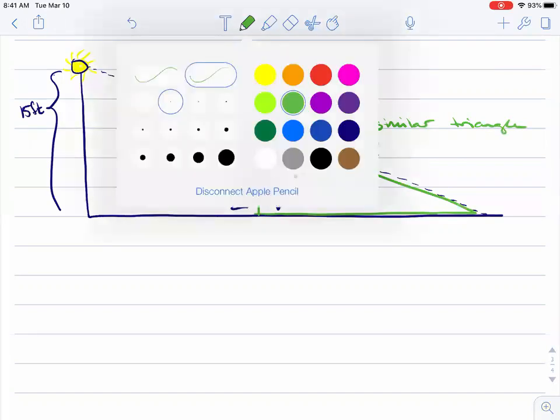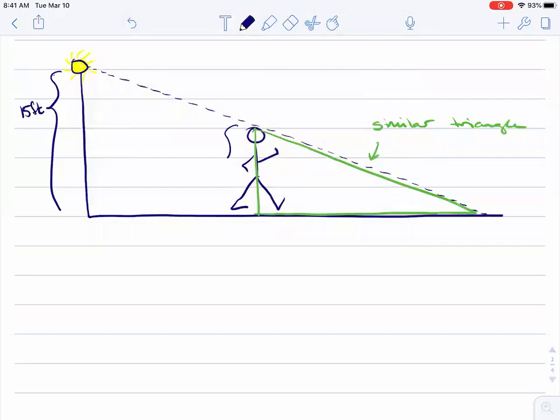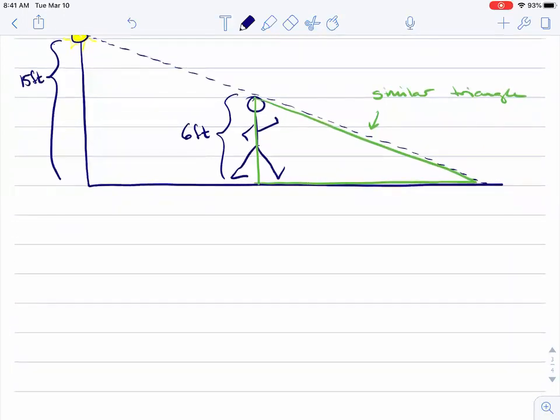And we're told that this guy is 6 feet tall. For some reason, and I just stole these notes from Steve, so I don't know why he hasn't put 40 here, but let's just follow what he did, and he knows what he's doing.